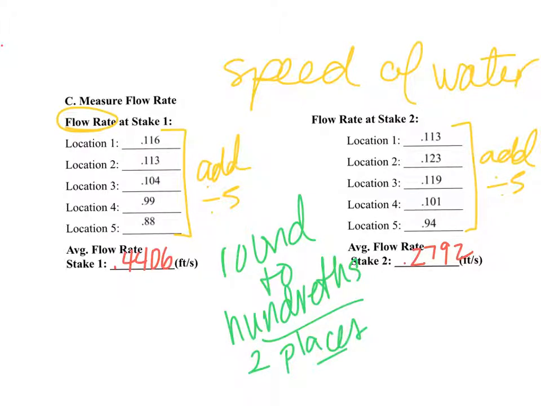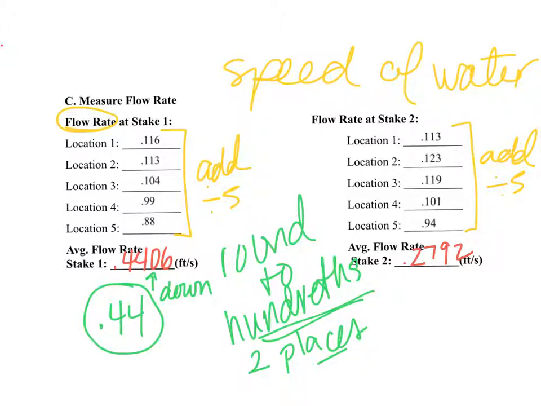So looking at what I got on the calculator already, I want to round to the hundredths, so just 2 decimals. On the left over here, 0.4406, if I look at my third number, I know 0 is going to round down. So that means I keep my 0.44 as my feet per second for flow rate.